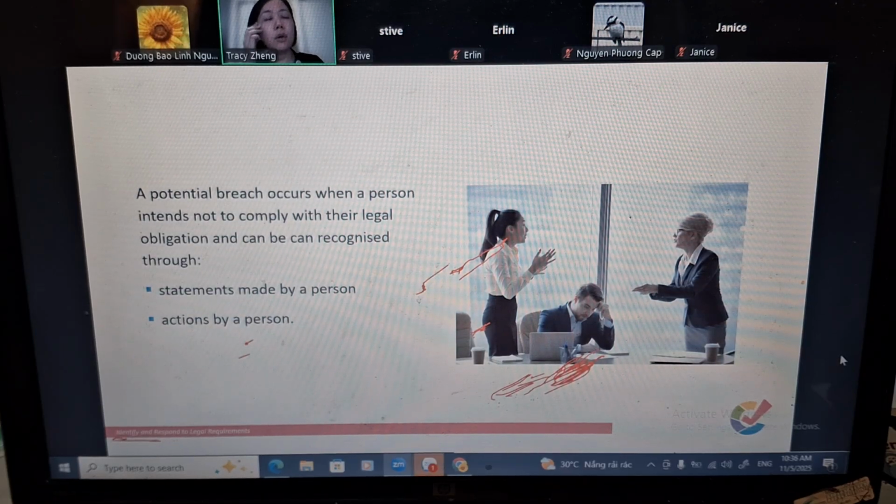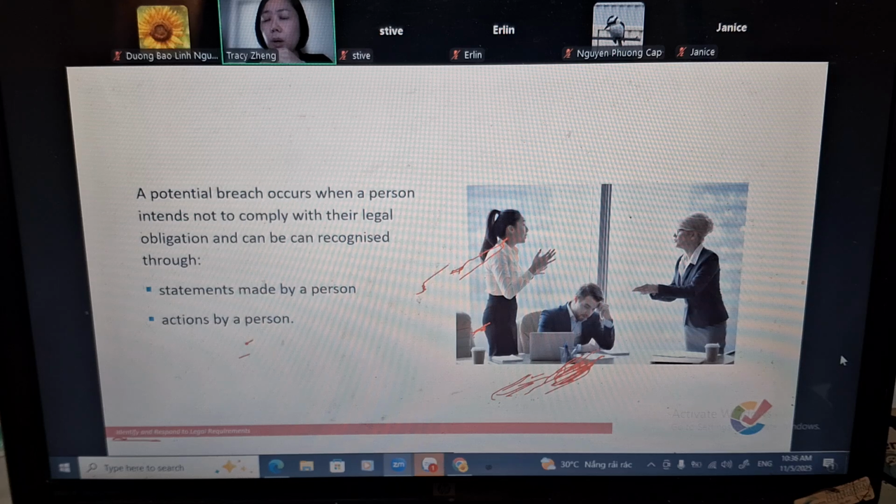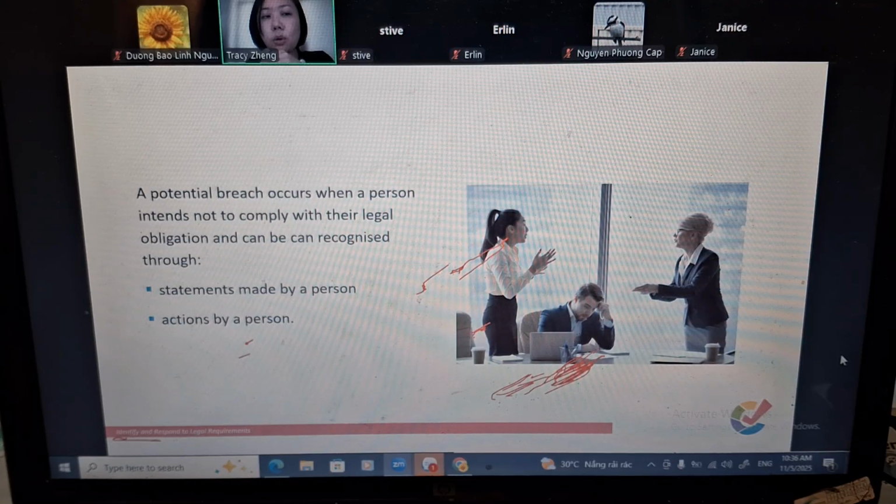For example, if you see your staff thinking of taking some advantage of your clients, that would definitely be a potential breach.